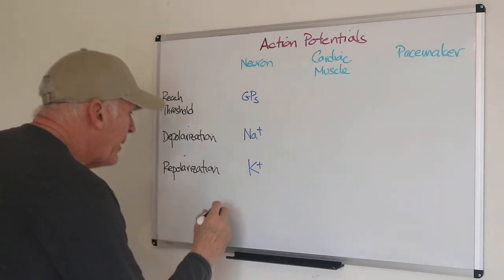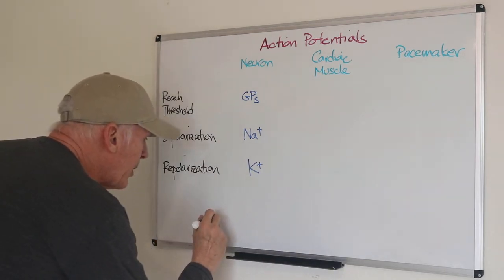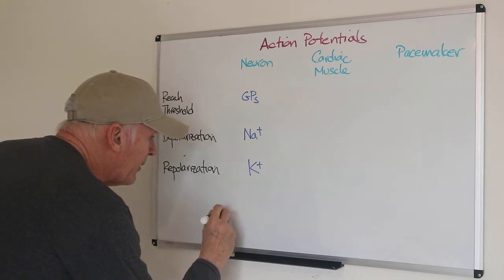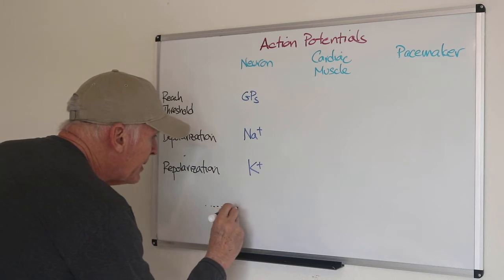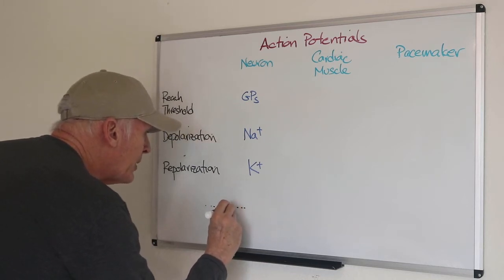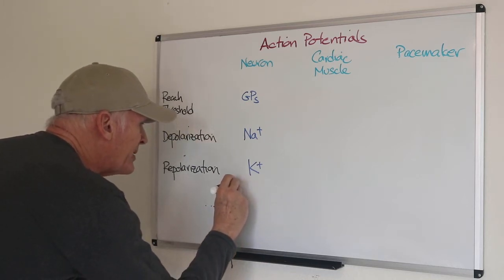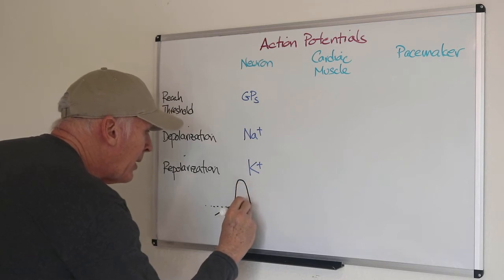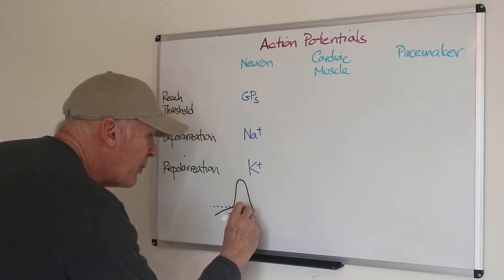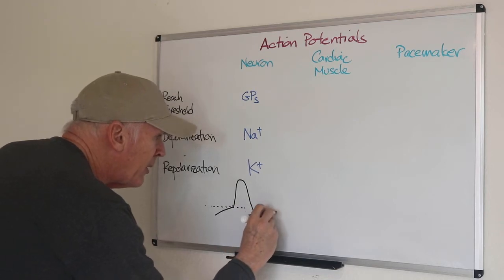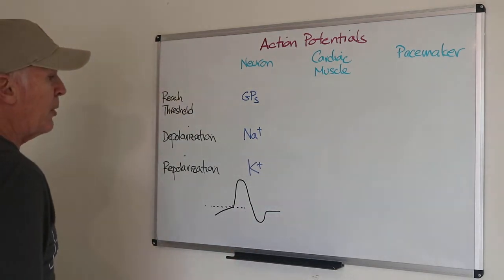So what it looked like was we had graded potentials slowly increasing until we hit threshold. So threshold was like here. Once we hit threshold, we rapidly depolarized. Then we came down, we repolarized, and after a brief refractory period, we went back to normal.